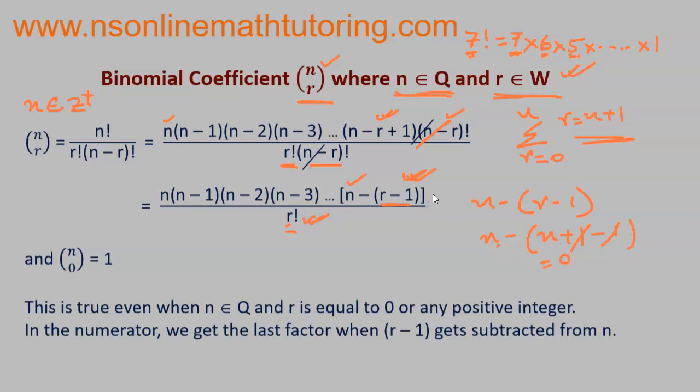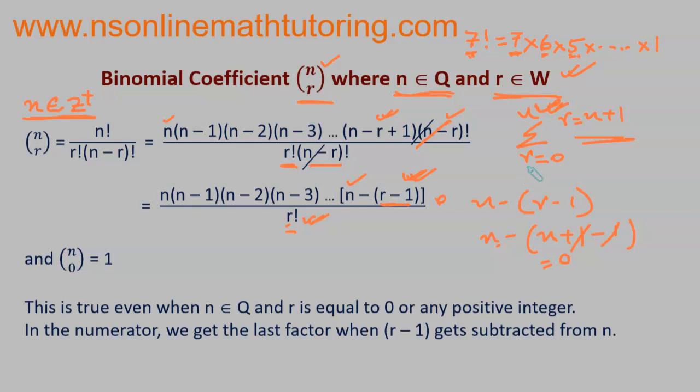And if we get a 0 as one of the factors, all are getting multiplied, so the entire numerator will be equal to 0. That is why we stop when r is equal to n. This is the restriction that I was talking about. When n belongs to the set of positive integers, we stop when r is equal to n.